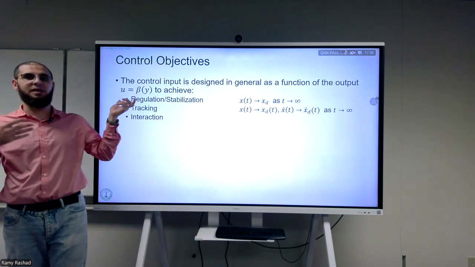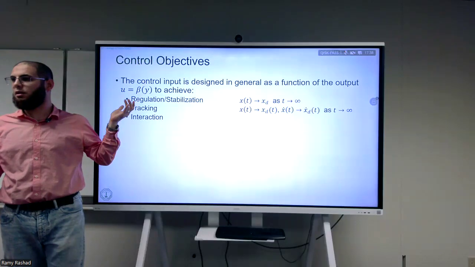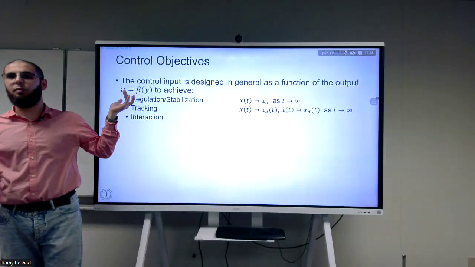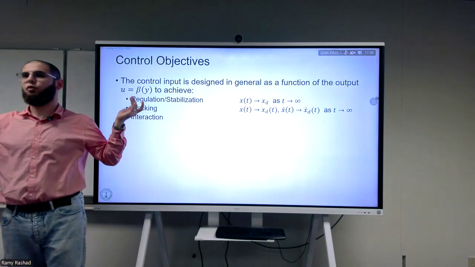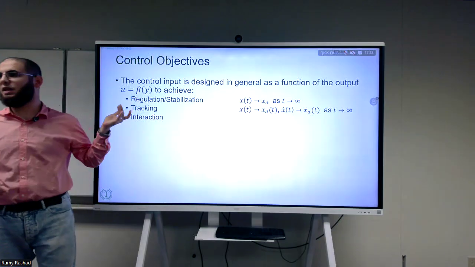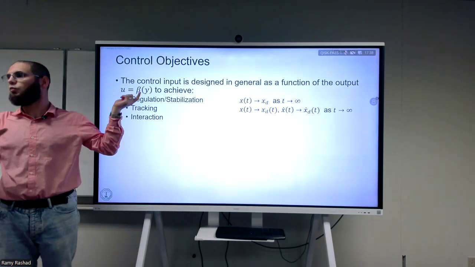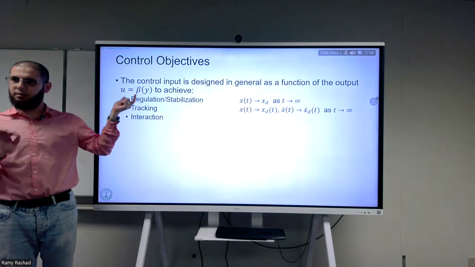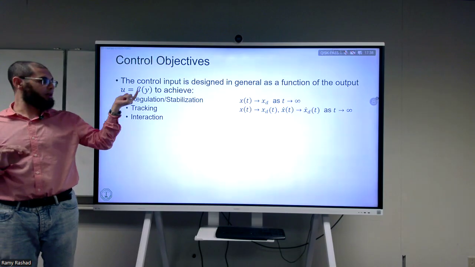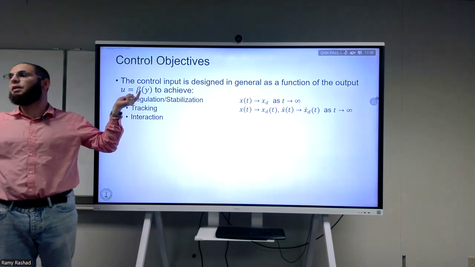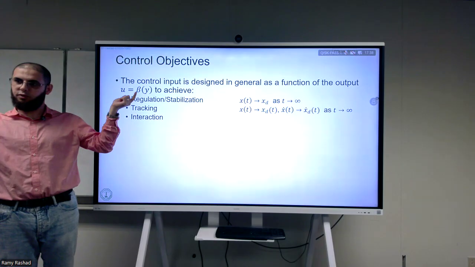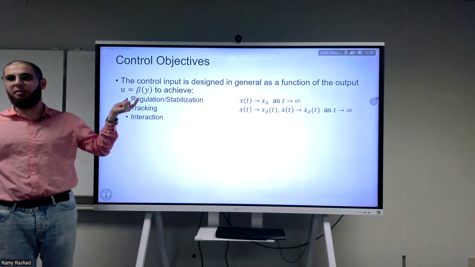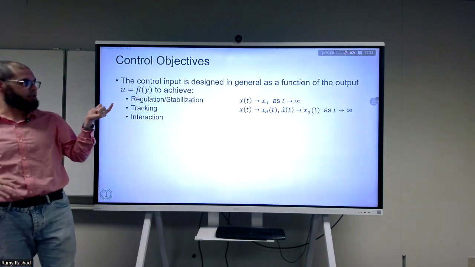You design the controller based on something like PID control theory, or the control law based on sliding mode, adaptive control, and so on and so forth. These are different techniques. In the end, they're just one big function of y. This is a little bit of an overkill because actually it can even have some dynamics of y. So that's related to your question. Even the controller itself can have some dynamics in it, but this is just a simplification.